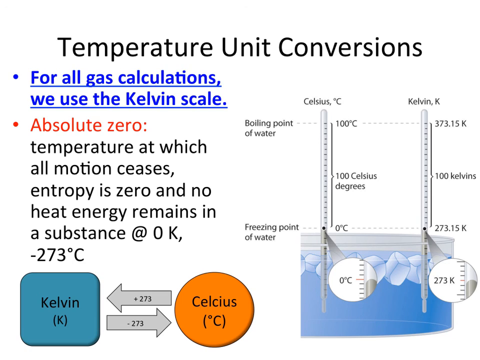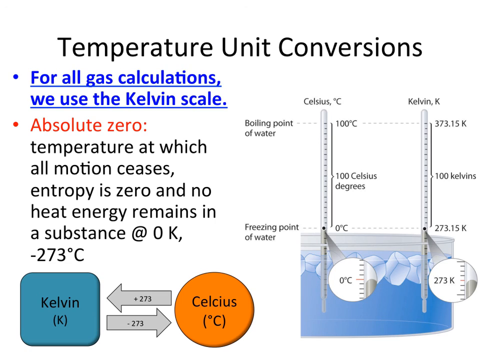If we wanted to convert temperature, we need to do a very simple process where we go from Kelvin to Celsius by subtracting 273, or Celsius to Kelvin by adding 273. Now, why do we go with Kelvin? Well, 0 degrees Kelvin is actually what we call absolute zero. Nothing can be colder, and that's where all motion stops because all the energy from substances is gone.